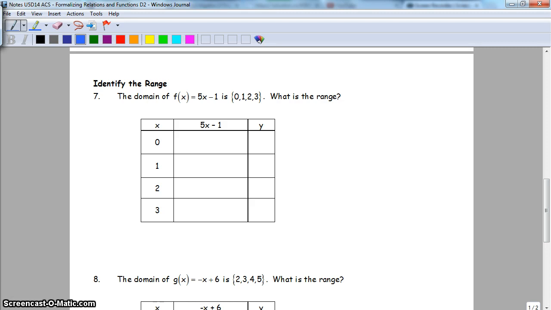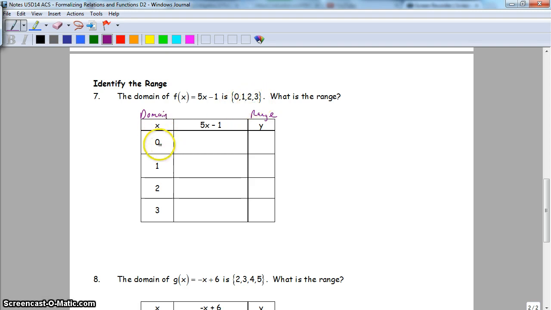Identifying the range. It says, what is the range? Well, if the domain of f of x is 0, 1, 2, 3, what is the range? Now remember, the domain are the x values. Domain are the x's. Y values are the range. So they gave us the domain here. We have to figure out the range. Well, f of x is 5x minus 1, where x is 0, 1, 2, 3.